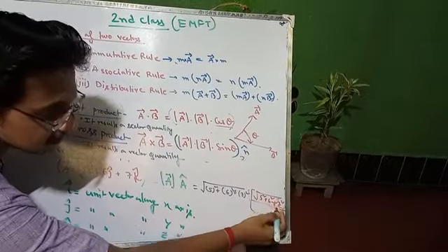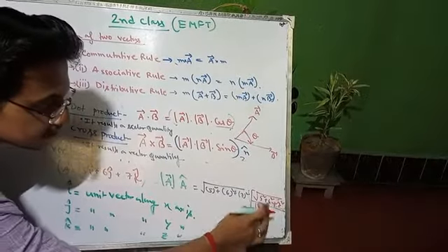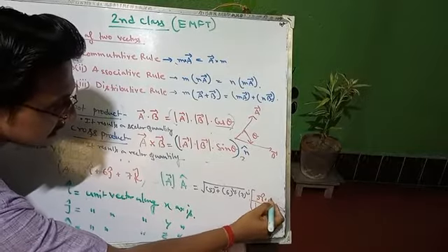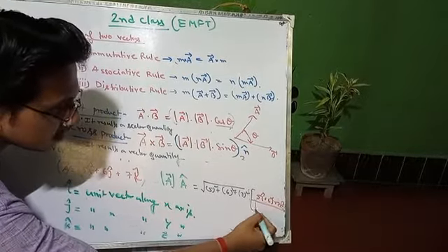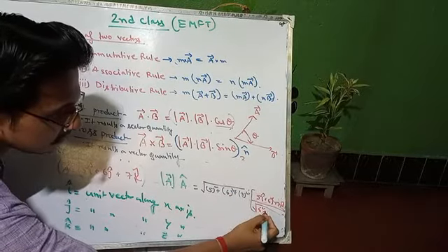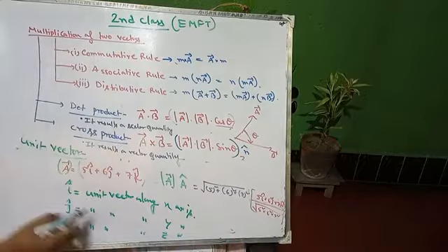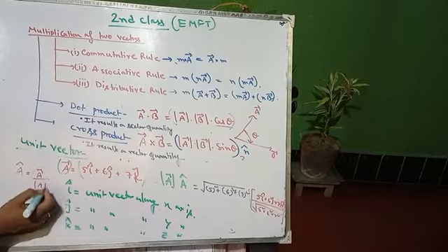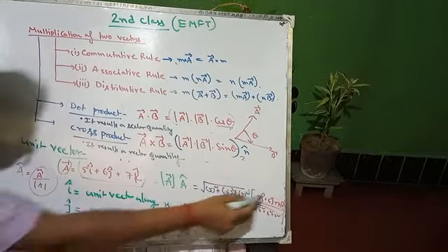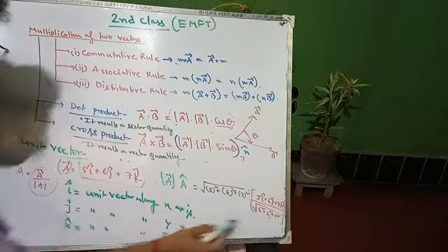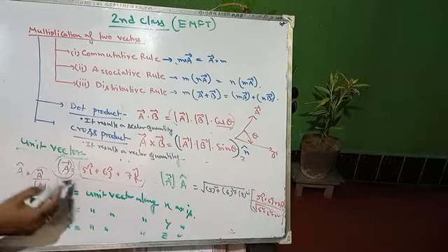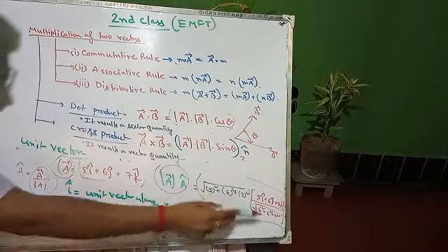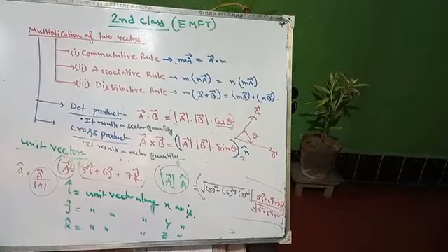So A cap equals A vector divided by modulus of A. This is the concept: take the A vector and divide by the magnitude. So the A vector can be represented this way. So the unit vector concept, I think, is very clear.